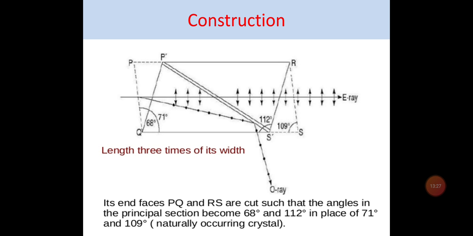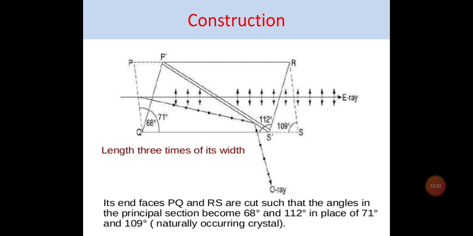So the resulting crystal we get after this is then cut apart into two pieces along the plane. You can see in the figure, along the plane P dash S dash, which is passing through the blunt corners, and also it is perpendicular to both the principal planes. Now the two cut surfaces are ground and polished optically flat.